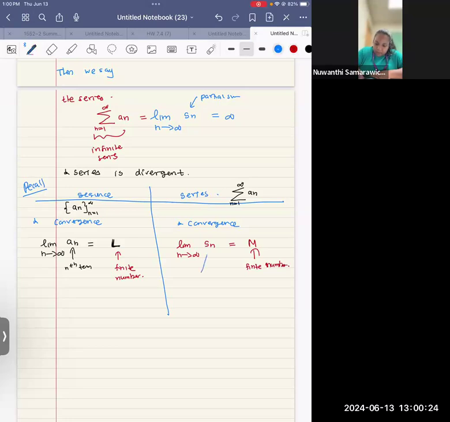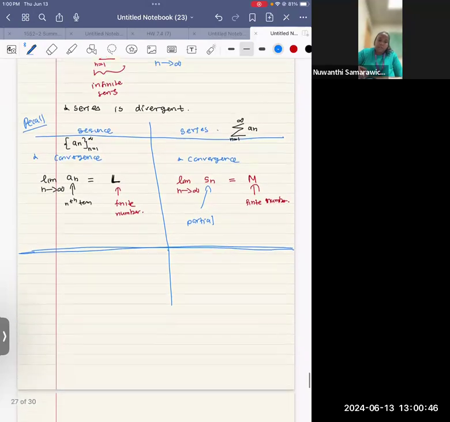So this is the partial sum. If we show the partial sum as n approaches infinity is a finite number, then we can say the series is convergent. This is what we did up to here.